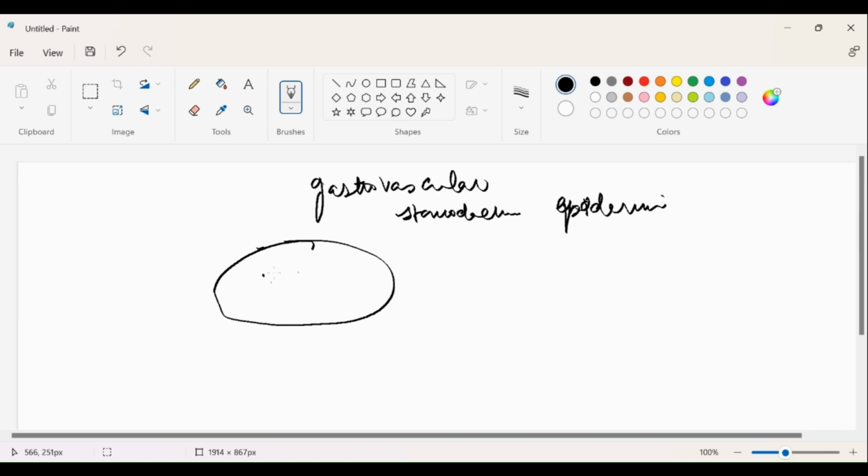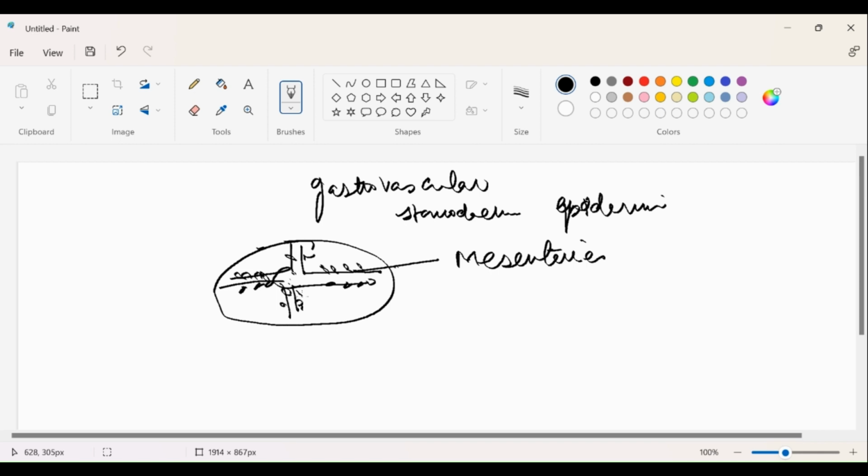This is the TS of the gastrovascular cavity. It is divided by septa into parts, and these septa are called mesenteries, and the mesenteries bear nematocysts on them. Clear? These are a few features.